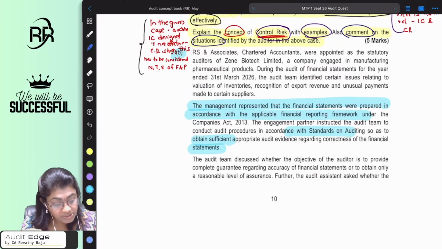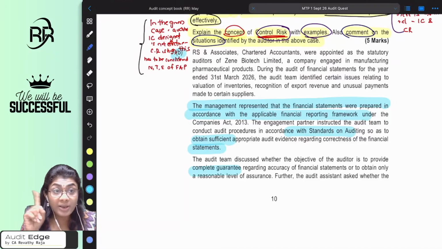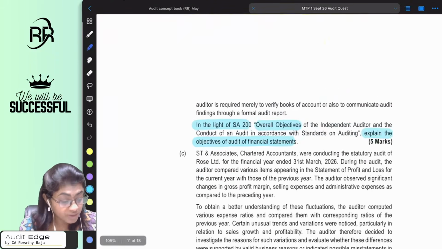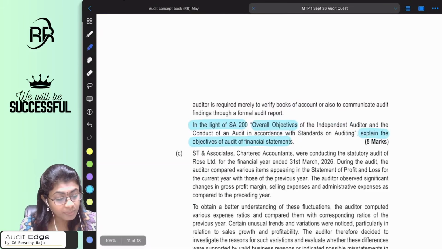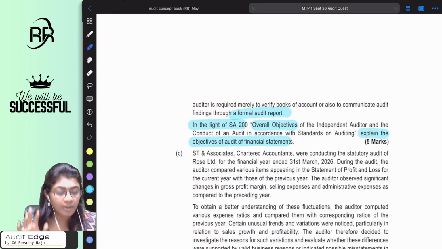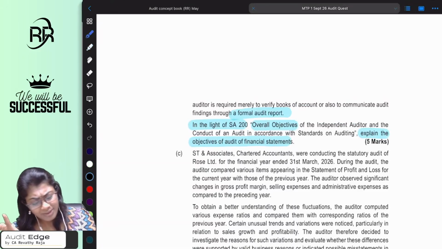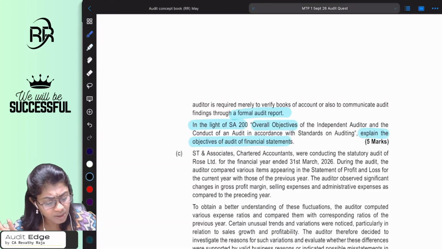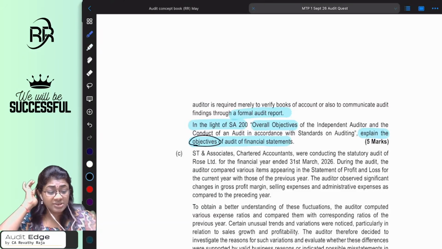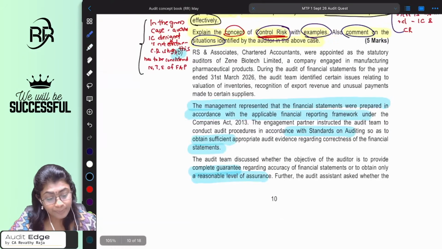The team discussed whether the objective of the auditor is to provide complete guarantee regarding accuracy of FS or to obtain only reasonable assurance. Further, whether the auditor is required merely to verify the books or to communicate through a formal report.